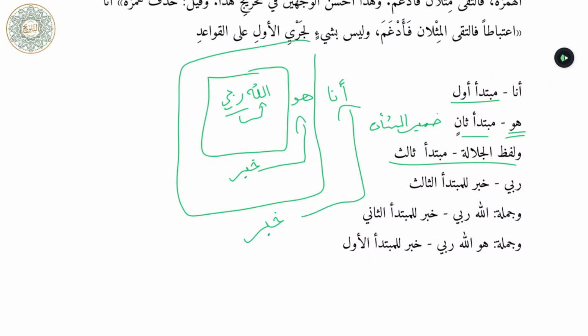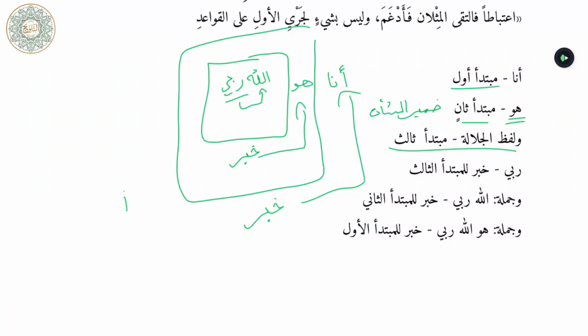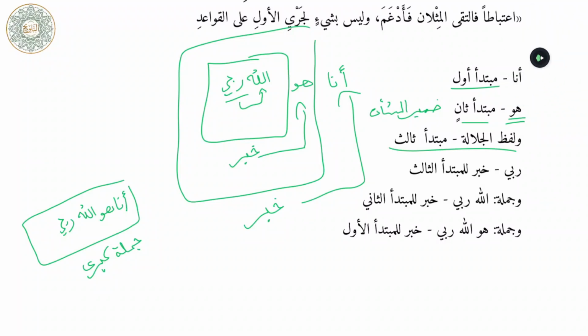And therefore, once again, according to Ibn Hisham's understanding, you would say over here, let's see if you have written it out. We have not written it out, so we'll write it for you. Ana huwa Allahu Rabbi as a whole is a jumla kubra, or al-jumla al-kubra. And then Allahu Rabbi, that structure alone would be sughra.